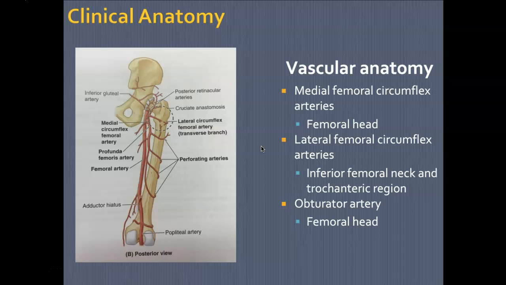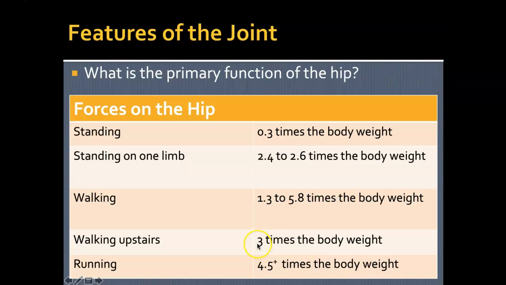And then we also have the obturator artery. I don't think it's pictured here, at least I'm not seeing it, but the obturator artery will create direct supply to the femoral head. So you have two blood supplies really aiding to serve that femoral head and supply it so it can stay rich in blood supply. And that's the medial femoral circumflex arteries and the obturator artery.